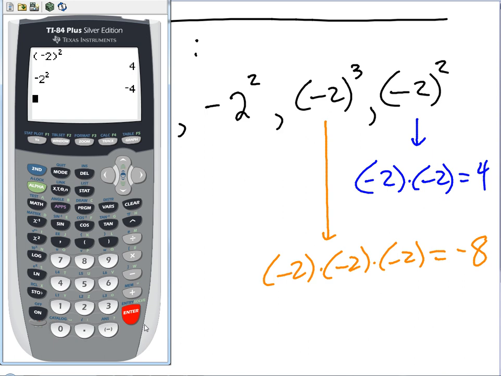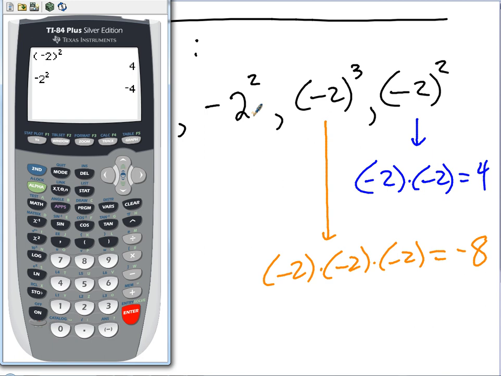That's correct. Because what I actually asked the calculator there was maybe not what I intended. Maybe it was, maybe it wasn't. But if I want to know what the number -2 squared is, that corresponds to this. Okay? How come this gave me a different answer? Because it's not -2 squared. What that really says is negative the quantity 2 squared.